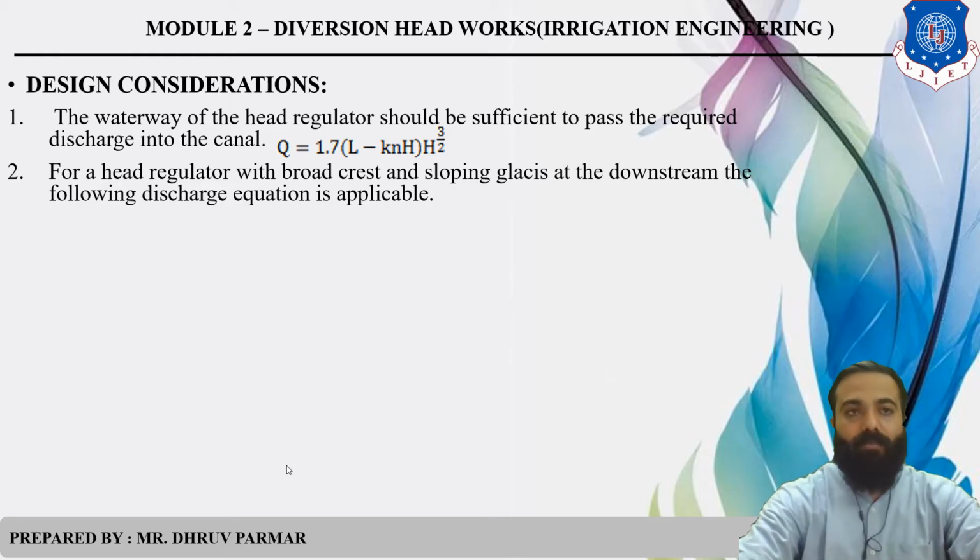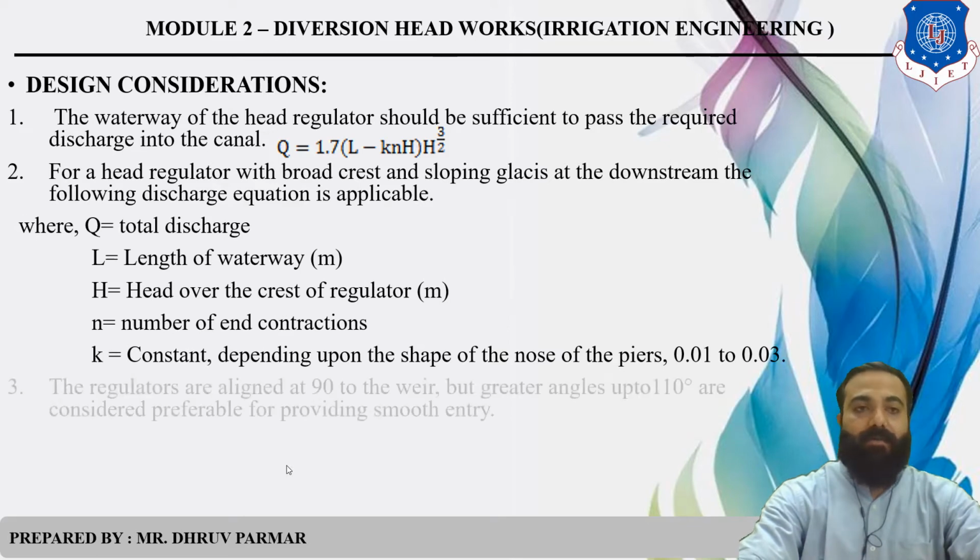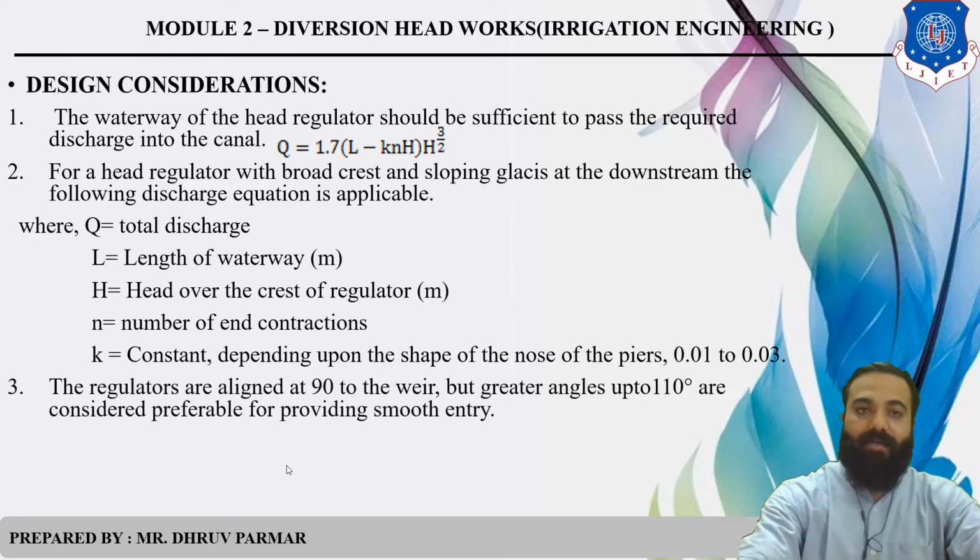Clear? Then the second one: for a head regulator with a broad crest and sloping glacis at the downstream side, the following discharge equation is applicable, which I discussed: Q equals 1.7 (L minus K N H) H raised to 3 by 2.